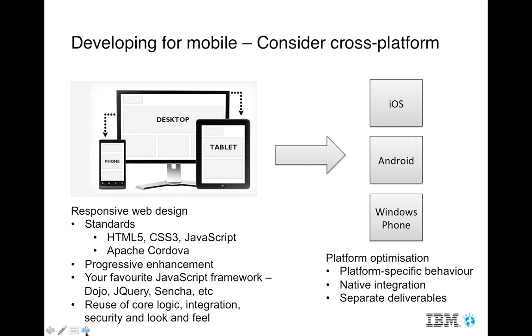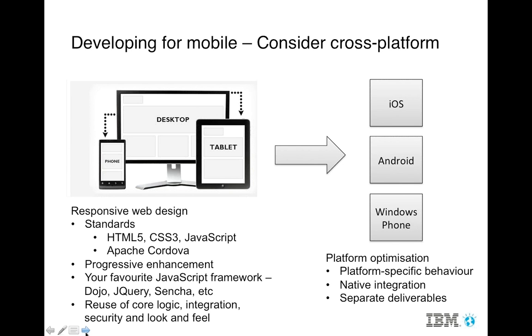Whether it's the simple things like a back button on Android, Worklight will allow you to optimize specific platforms for those specific user experience journeys as well, which is great. So it allows you to tailor the application on a platform-specific basis without losing the common shared and reusable artifacts of the code.